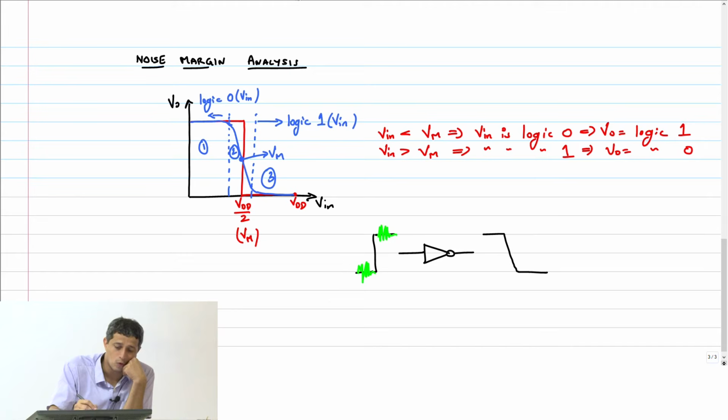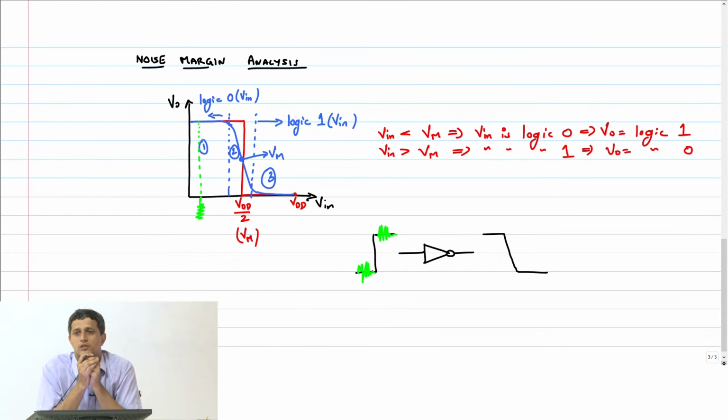Suppose there is noise now, if my input is very close to 0 here, let's say I have a noise like this. What will happen to this noise at the output? You are right.